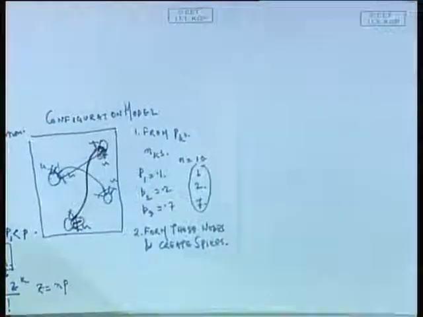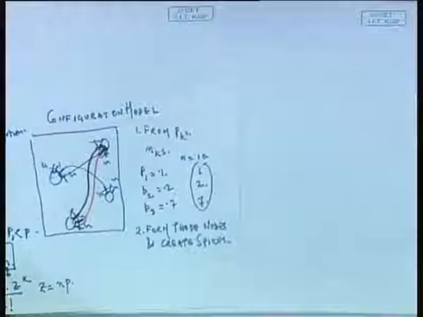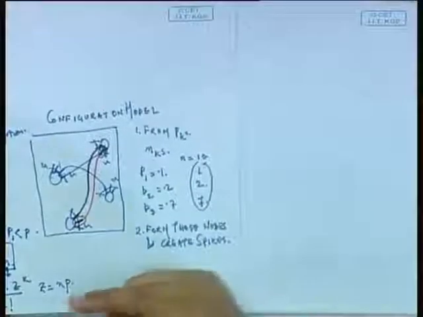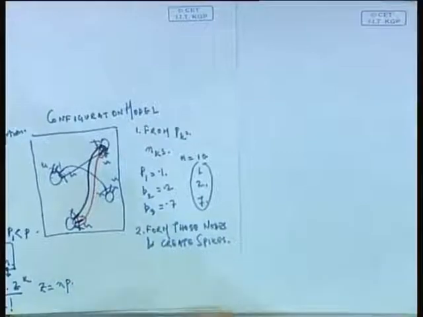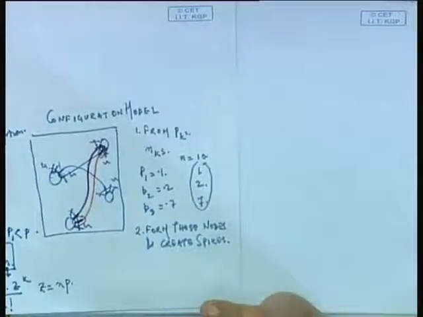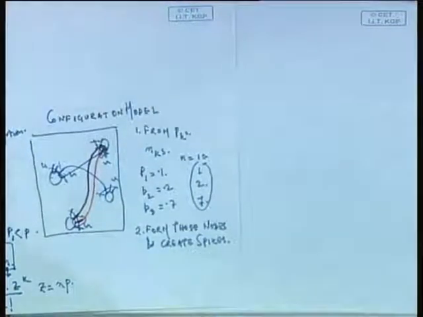So, there will be parallel edges. Okay. So, what we said is that if we are doing a totally random algorithm, what is the algorithm?